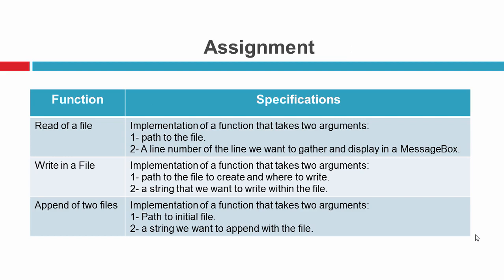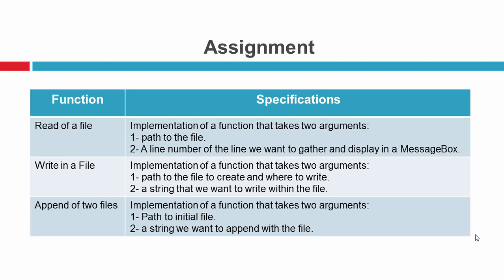In this video, we are going to implement three functions. The first function is to read a file: a function that takes two arguments, the path to the file and the line number of the line we want to gather and display in a message box.